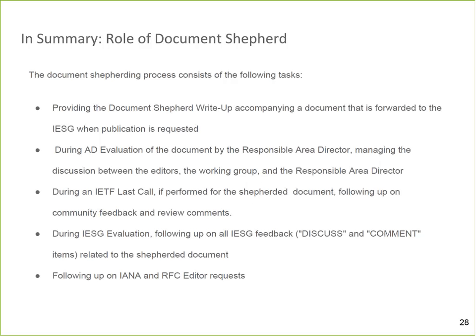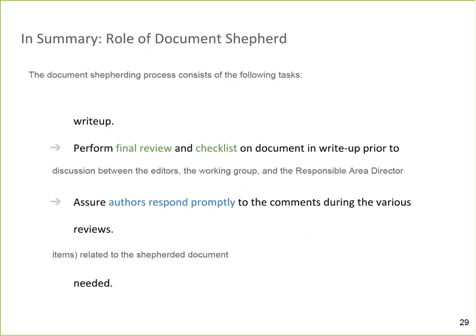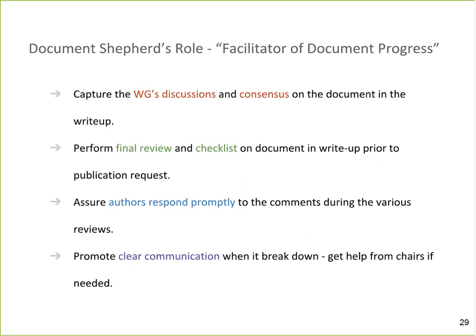So after that, we can say that the document shepherd has a role of a facilitator of document progress. He's going to capture the working group discussion and consensus, perform final review and checklist, check that all the issues are tracked, assure the author responds promptly on time, and promote clear communication between the parties.